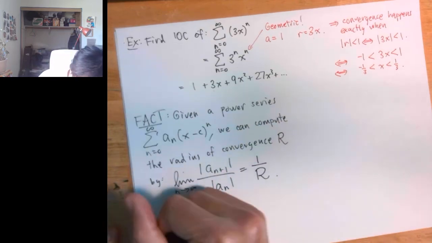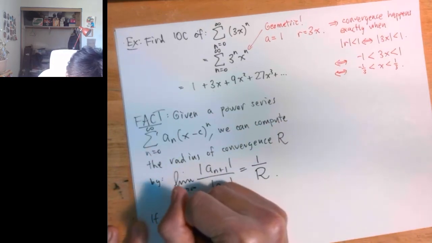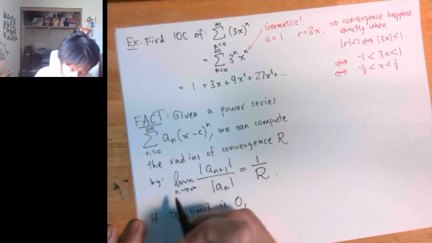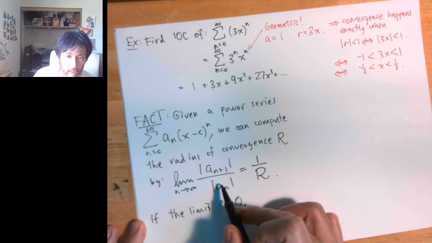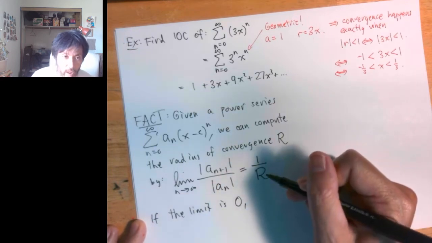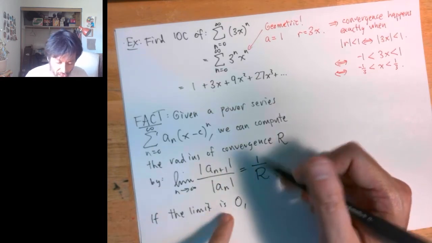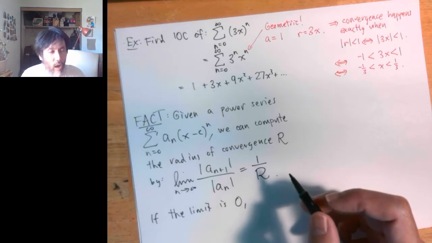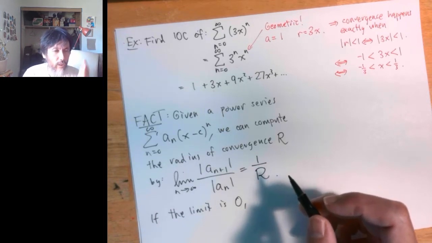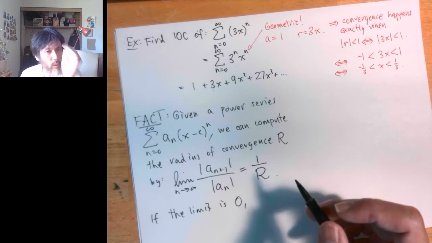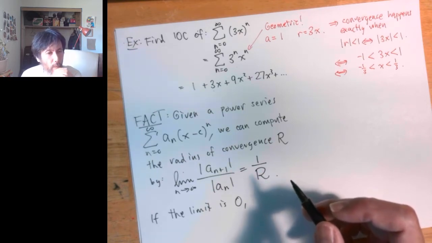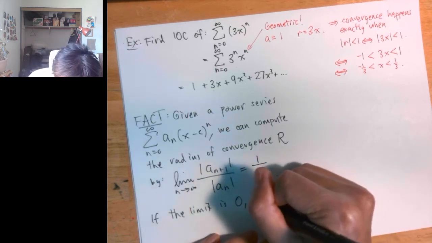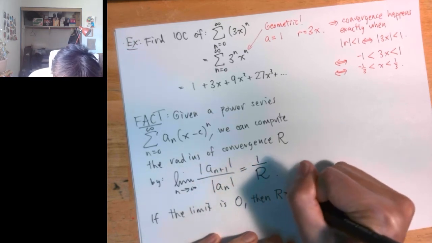So let me say, if the limit is 0, so if this side here is 0, then if you want to set 0 equal to 1 over R, in principle, there's no solution to the equation 0 is equal to 1 over R. But what we're going to interpret that as meaning is that R is equal to infinity.